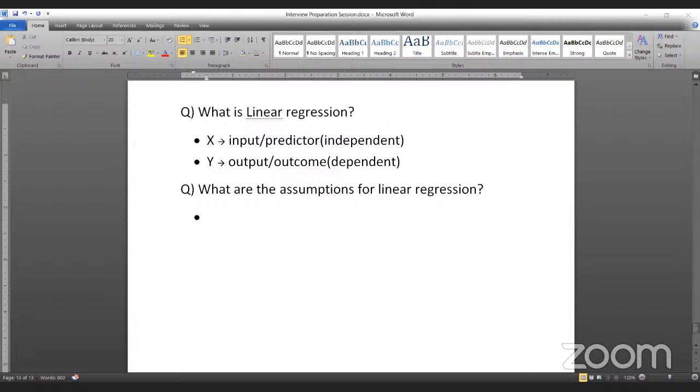And also the errors are normally distributed, and the errors do not have any correlation between them.